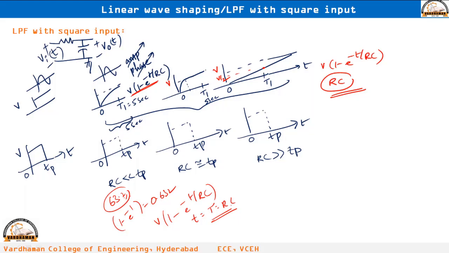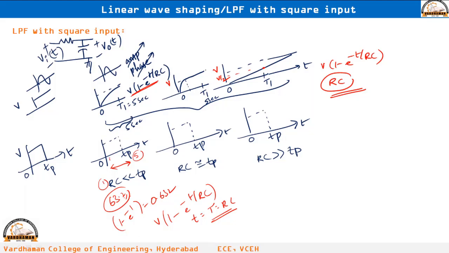But in this case RC is very small, that is the condition we have taken. Tp is this much, but the condition is that RC is much less than Tp. For example, in order to explain in a better way, I am taking numbers here. Tp is equal to 5 seconds, and RC is equal to 1 second. So if it is 0 to 5, here 1 second is there.